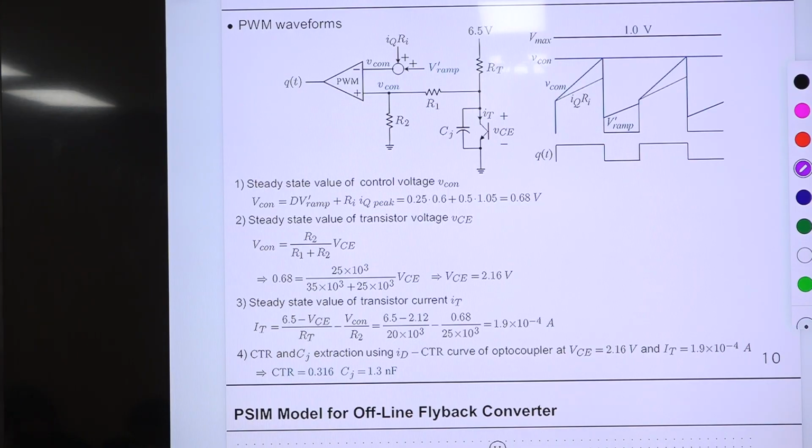One is the CTR, the current transfer ratio, and the other one is this CJ, the junction capacitance between the collector and the emitter terminals of the phototransistor. And to determine that, you should know two things. One is the DC voltage across the collector and emitter of the phototransistor, and the other one is IT, the DC current through the phototransistor.